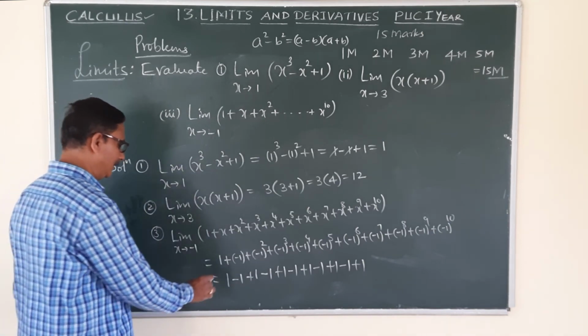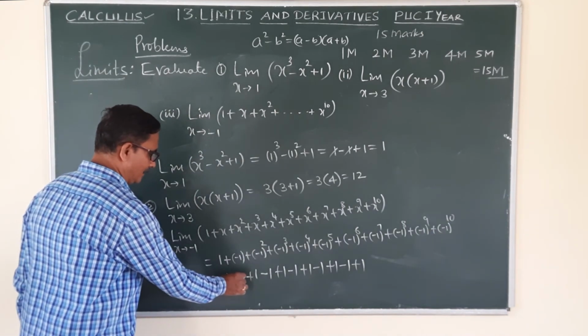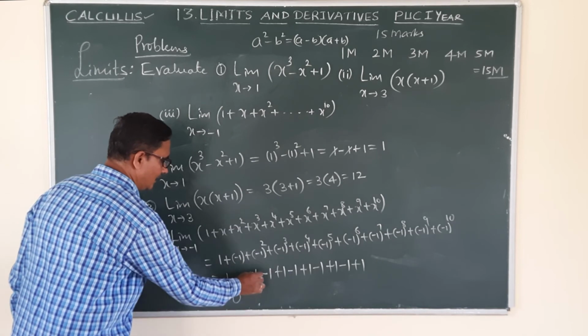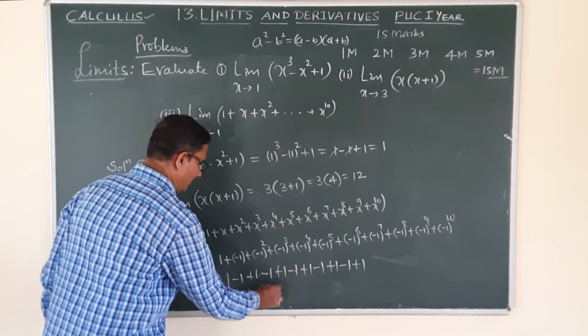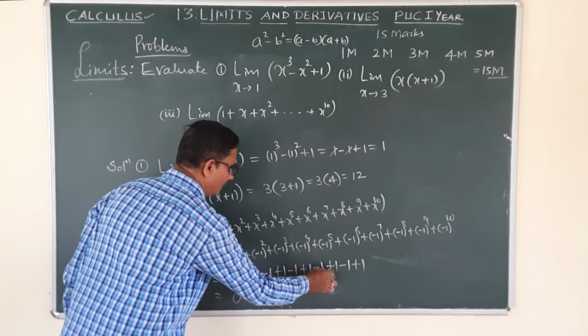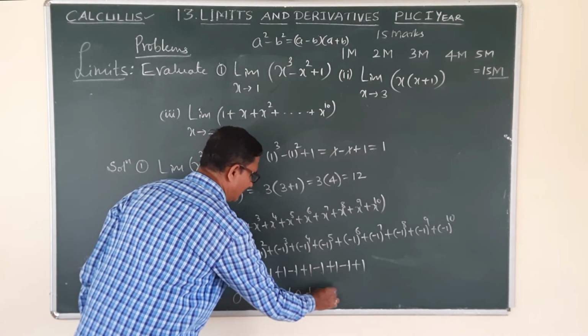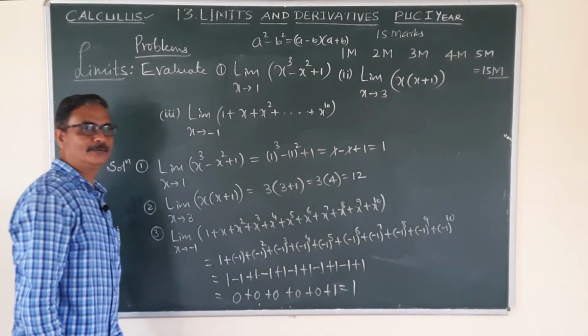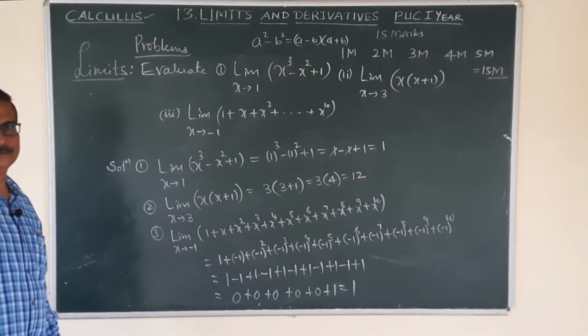Right? Simplify. 1 minus 1 is 0, 1 minus 1 is 0, 1 minus 1 is 0, 1 minus 1 is 0, 1 minus 1 is 0, last number is 1. That is the answer 1, which is finite.